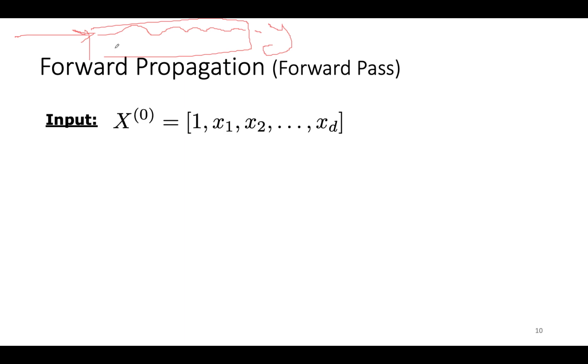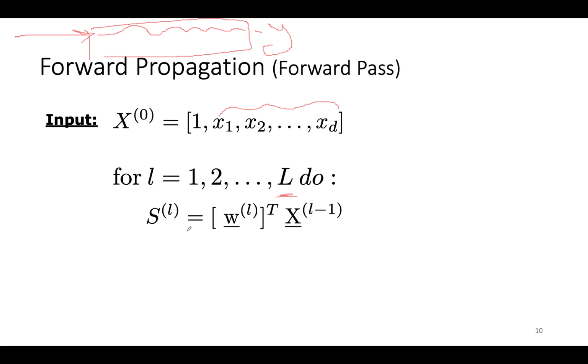The inputs would be your input vector, your x of 0, right? The first layer is going to start from the bias term and x1 up to xd. So we have a d-dimensional space here. For the number of layers from 1 up to the last layer, capital L, you have to iterate and keep computing the S of L, which was the output of the multiplication of your W transpose and your X, which was the input from the previous layer, right?